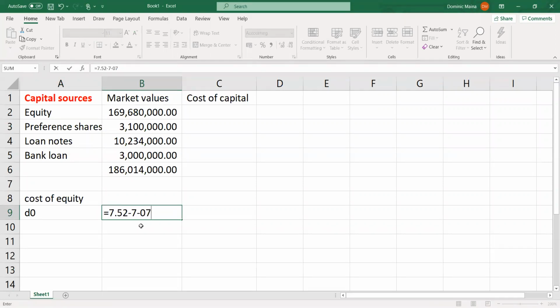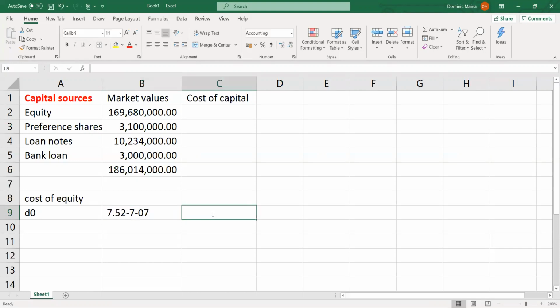I've seen some of you show that working, then again you come and do the same thing again, so it makes no sense to do that. If you do 7.52 minus 7.07, you don't need this. Don't forget, the examiner can see the formulas in your workings, so don't waste time.